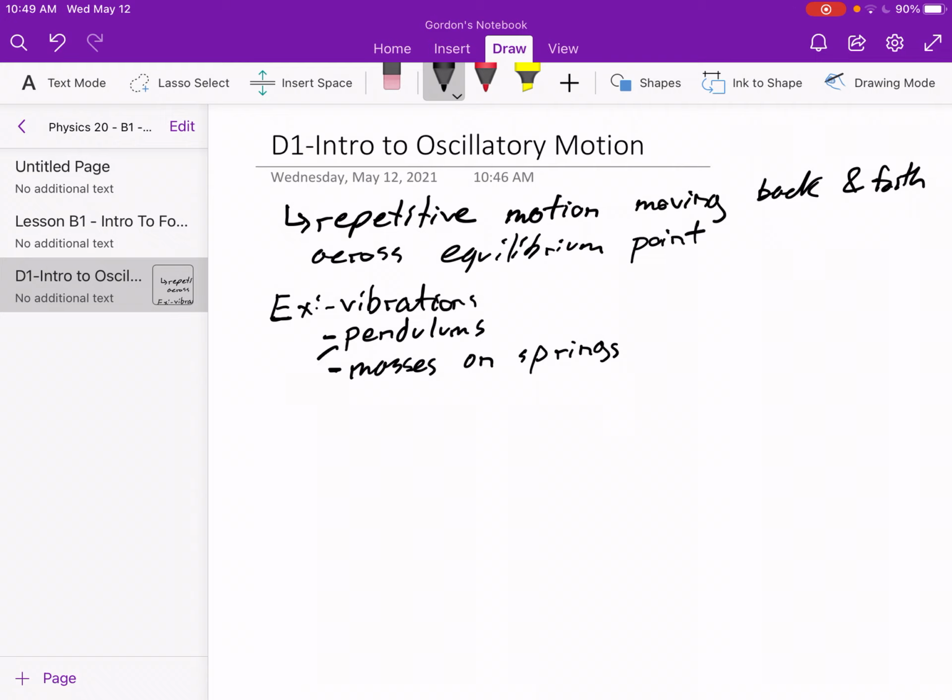If we're talking about pendulums, for example, say we have a pendulum that is attached to the surface, and this pendulum can swing back and forth. Of course, our equilibrium point is going to be right down the middle here. That's where the pendulum will naturally come to rest.